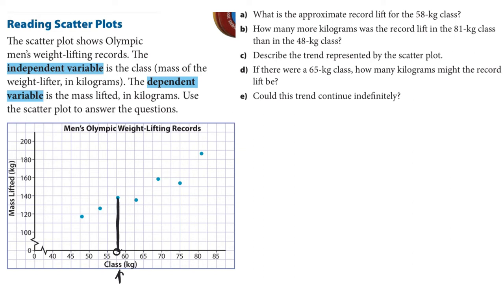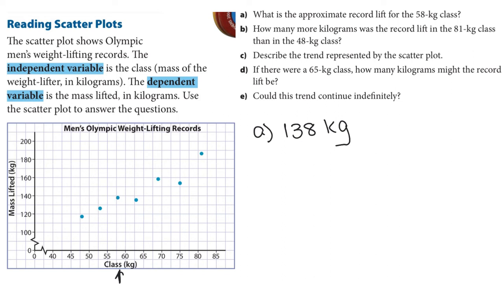That dot represents the 58 kilogram class lifter. Then we come over here to figure out how much weight they lifted, and it's just under 140 kilograms. So we could say approximately 138 kilograms would be their record lift.